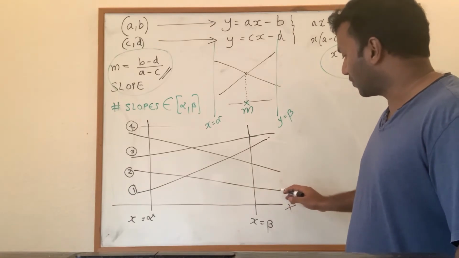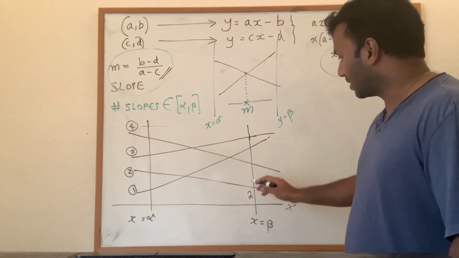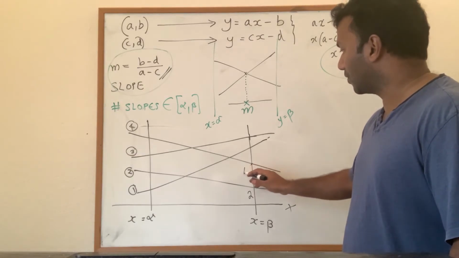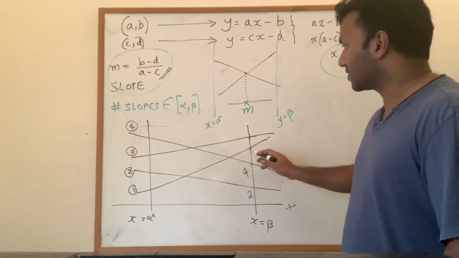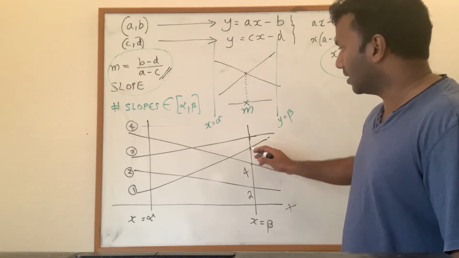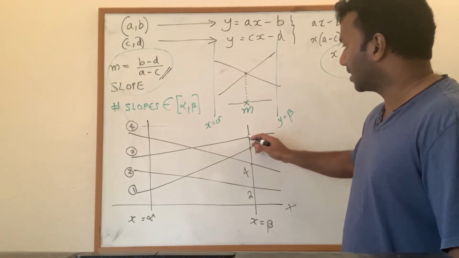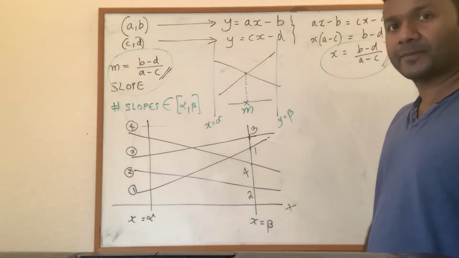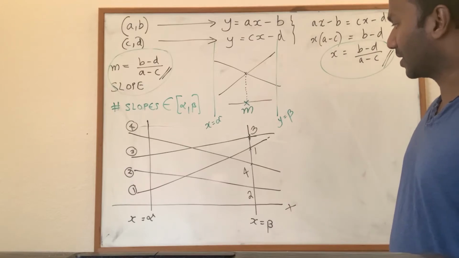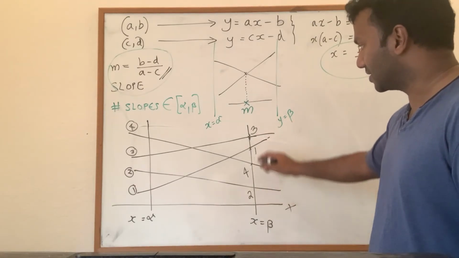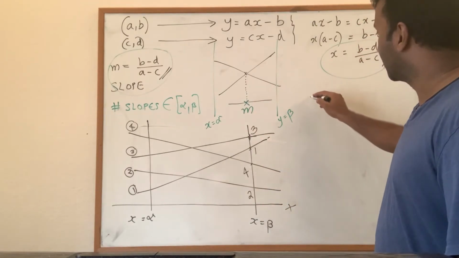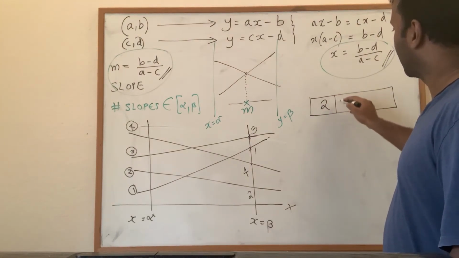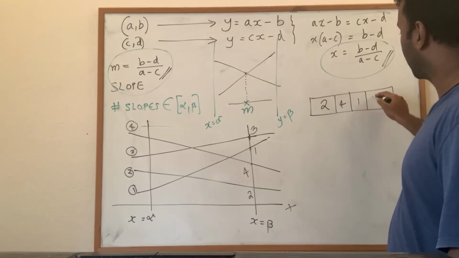That is the second one. The second intersection is by the fourth line, the third by the first line, and the last by the third line. This is what I'm really interested in: 2, 4, 1, 3.